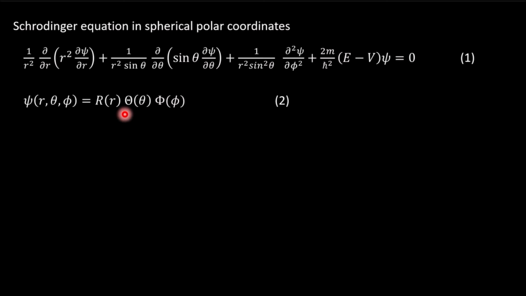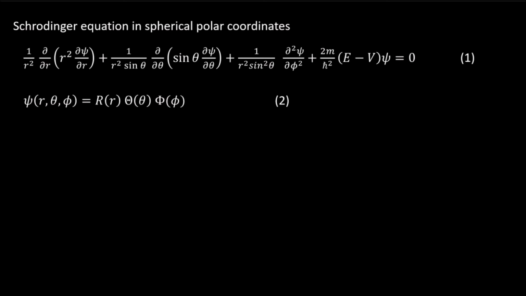Similarly, the function capital Theta describes how the wave function psi varies with the zenith angle theta along a meridian on a sphere with r and phi constant. And the function capital Phi describes how the wave function psi varies with the azimuth angle phi along a parallel on a sphere with r and theta constant.